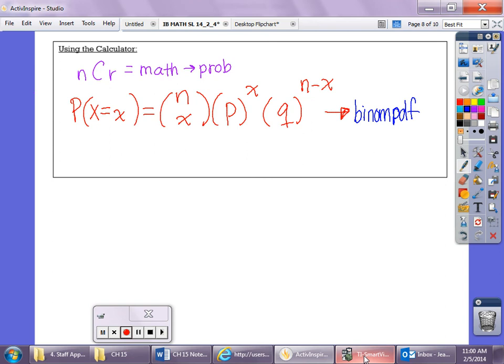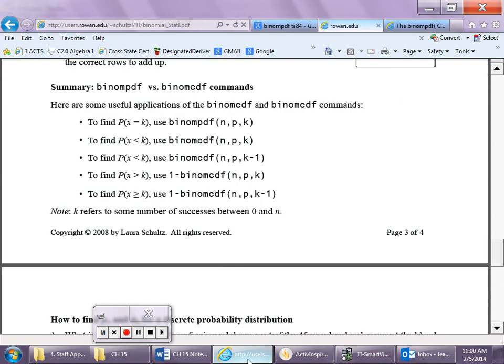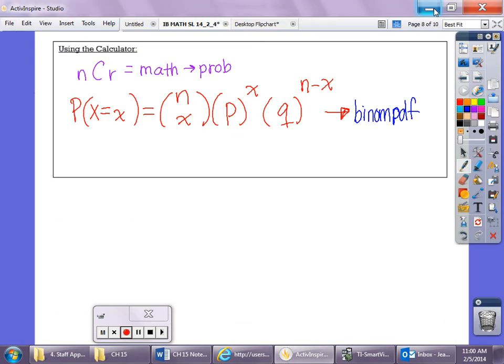Let's see. I actually did pull up a command thing, but that also doesn't tell you where it is. I'm sure you guys can be resourceful and find the button. Just play around. It might be under list. It might be under math, ops. So binomial PDF, and actually it looks like I might run out of space here, so let me move it over a little bit.